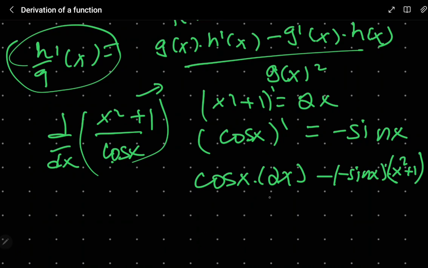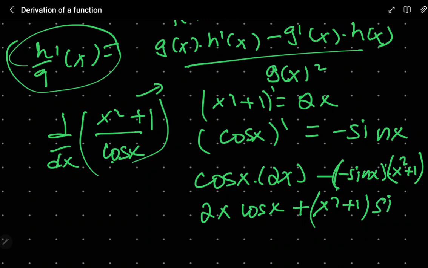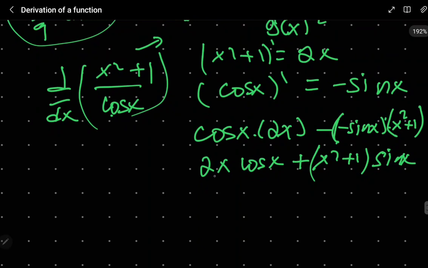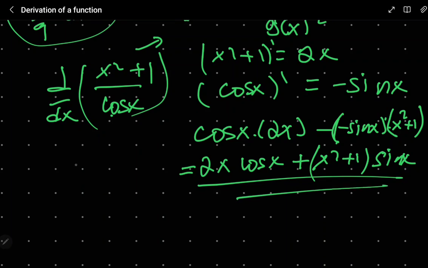So this is 2x cos x, and minus times minus is plus, so plus x squared plus 1 times sine x. That's the derivative. So this is 2x cos x plus x squared plus 1 times sine x, the derivative of x squared plus 1 over cos x.